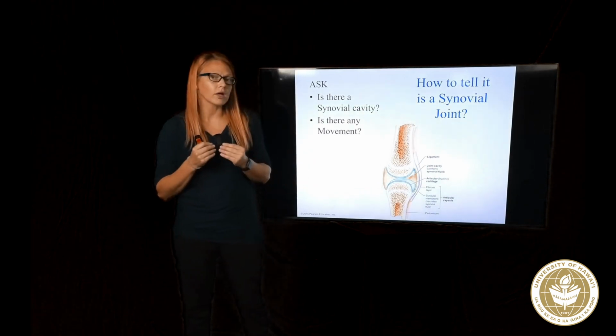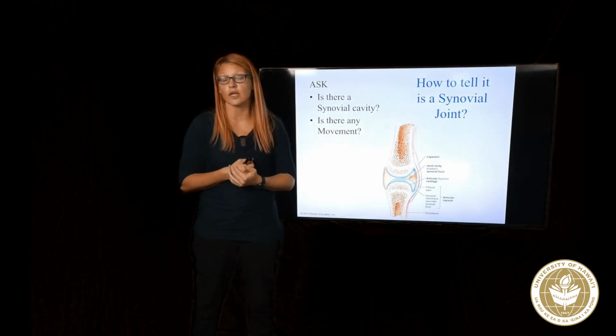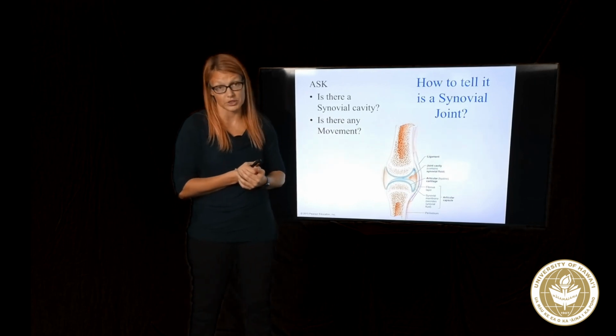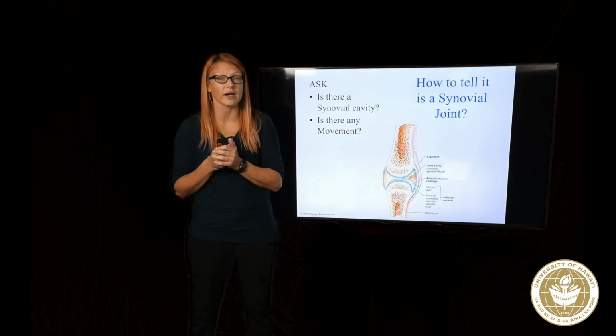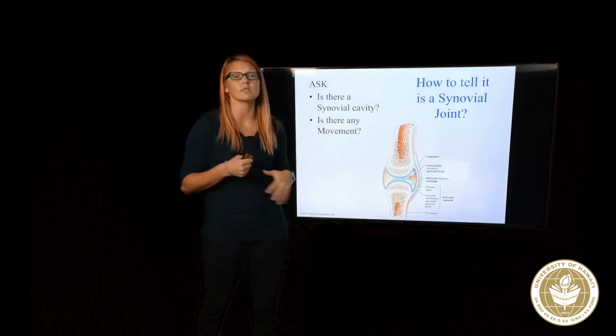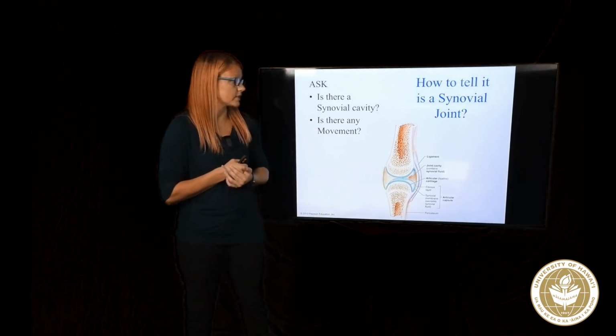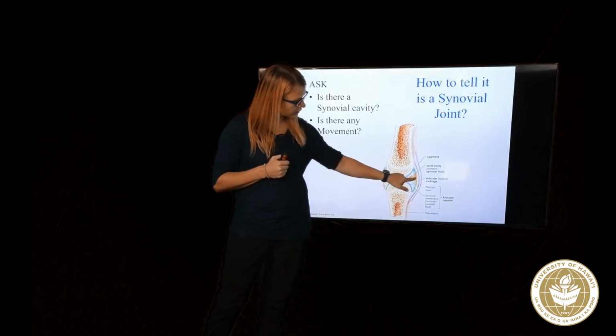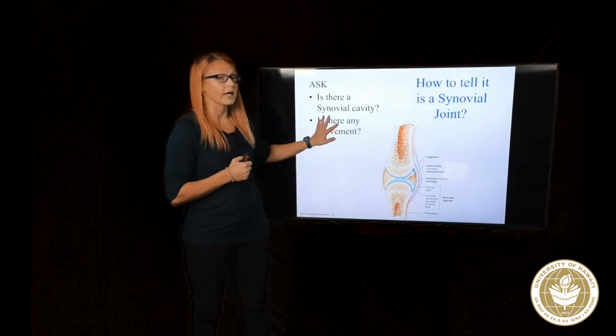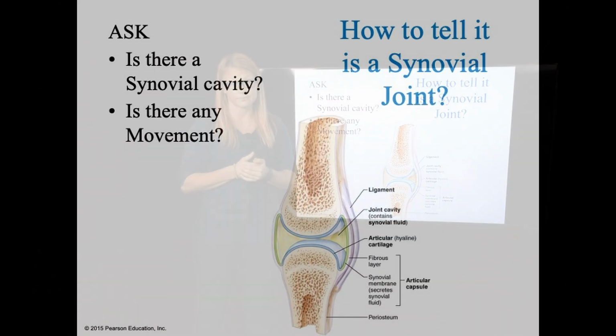If there's a slight amount of movement, there's potential that that could be a type of cartilaginous joint, right? We talked about those symphyses, that we have a little bit of movement there. But our synovial joints are going to be the only freely movable joints. So again, check for that synovial cavity, right? And ask yourself if there's any movement.